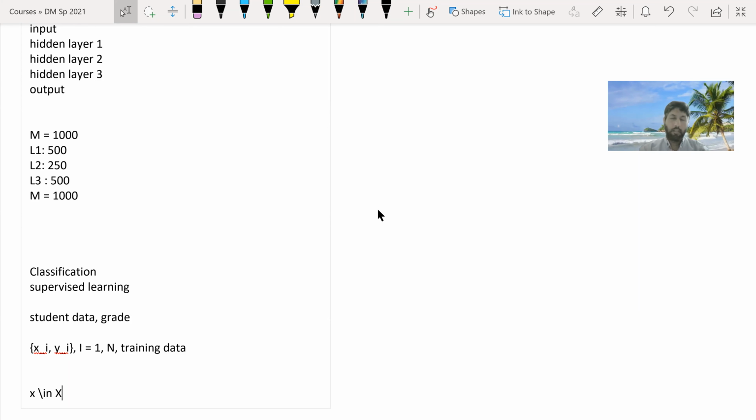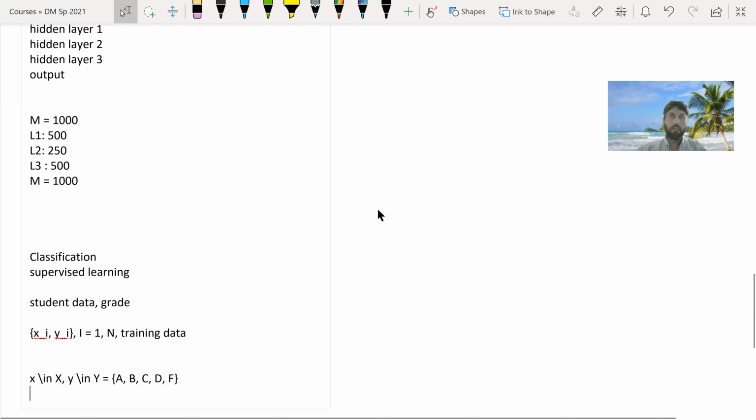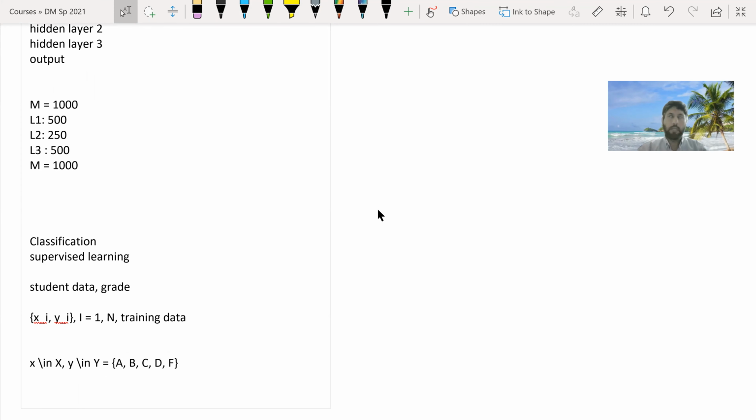All students that can possibly take these courses. And similarly, Y, which is the label, in this case the grade, comes from the set of all possible grades. Let's say this is our set A, B, C, D, E, sorry, and F. So there are 5 possible values in the output, and these are labels.